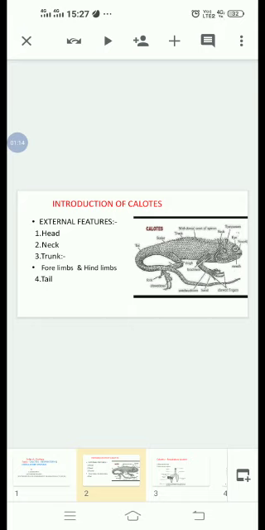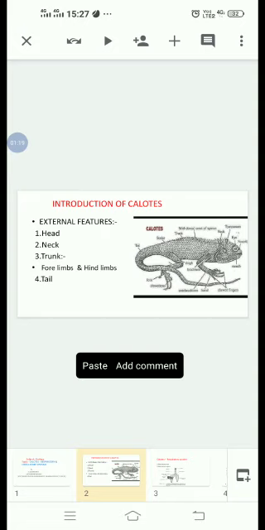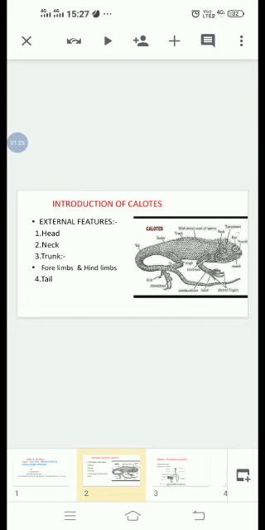Calotes is commonly called garden lizard because it is commonly available in garden areas. It is also called bloodsucker, but it does not suck blood. In the case of males, the head becomes red, and hence the name bloodsucker.